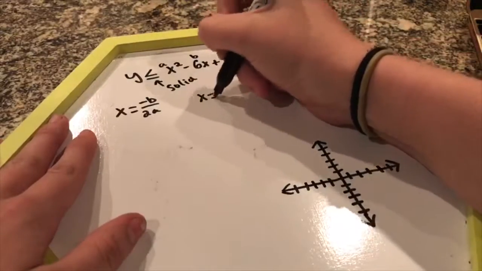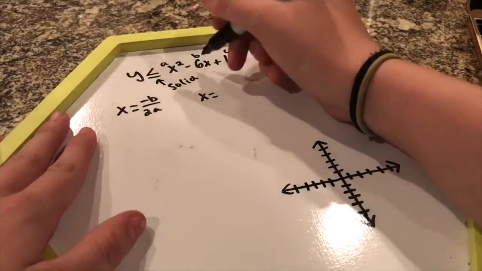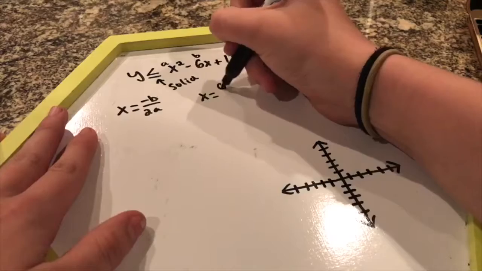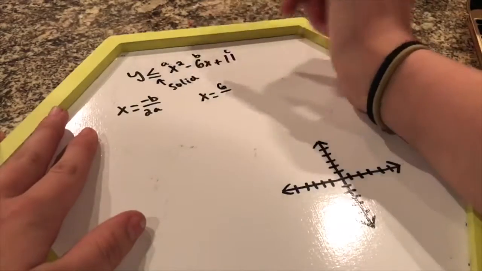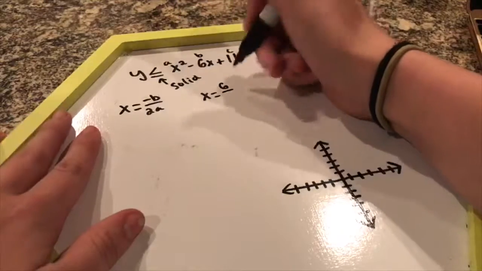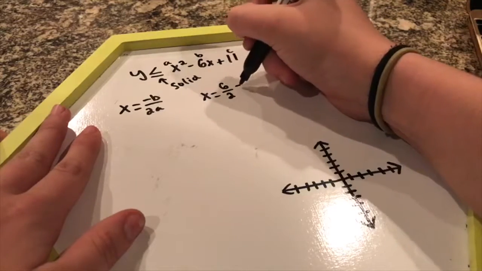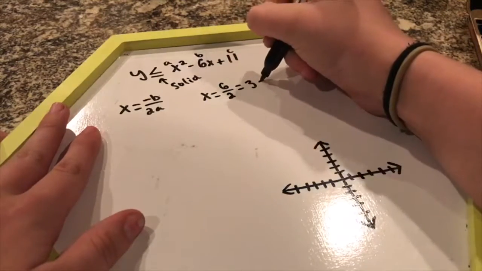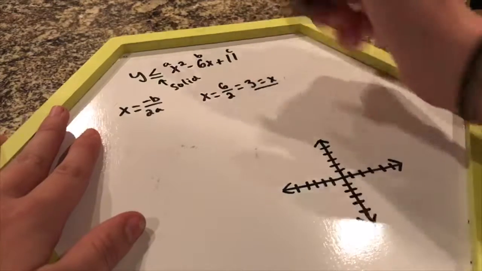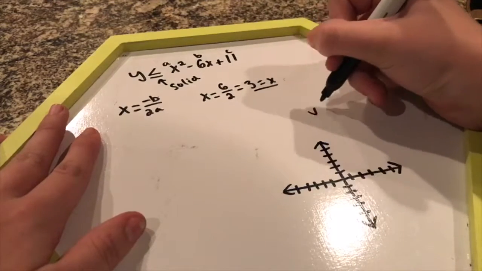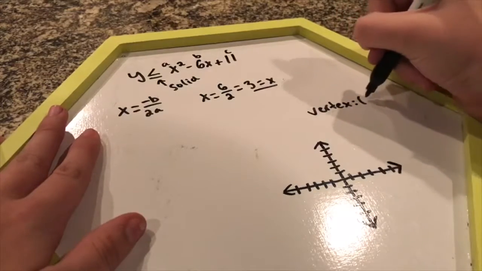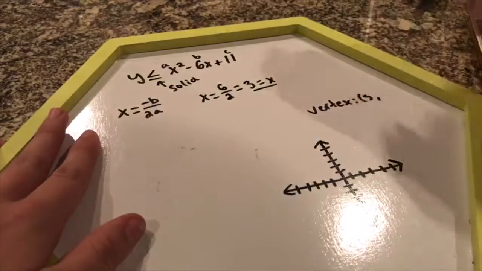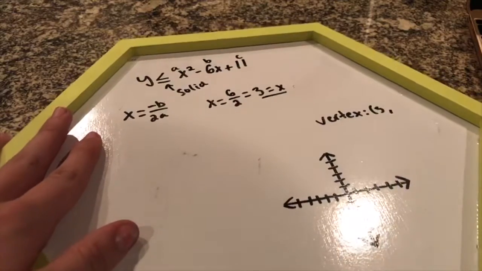So x equals negative, so that's just the opposite, so that's going to be positive 6 divided by 2 times 1, which is 2. So 3, and 3 equals x. So if we write out our little vertex over here, we have 3, and then whatever our y value is going to be.